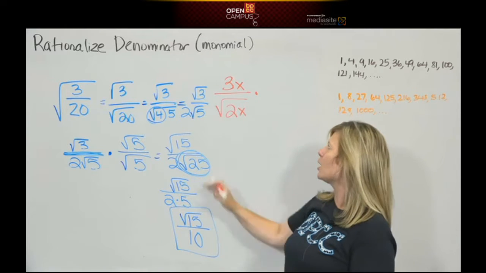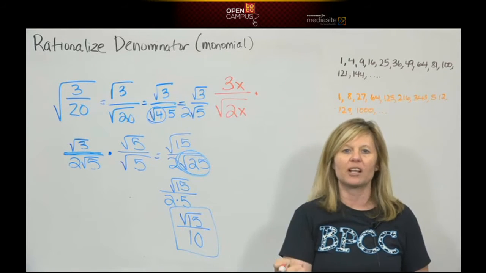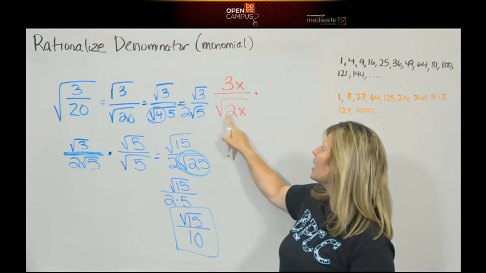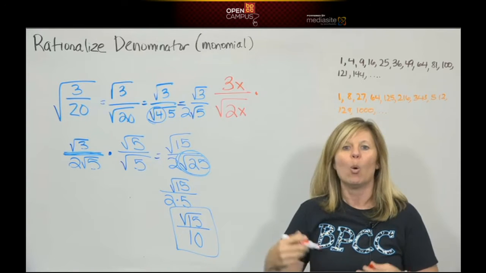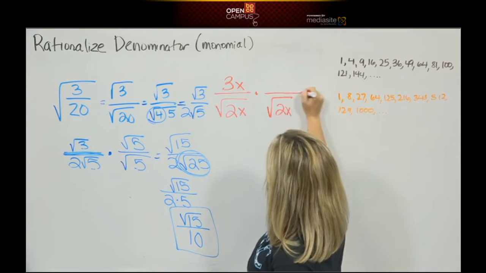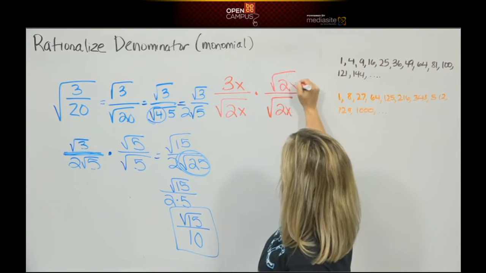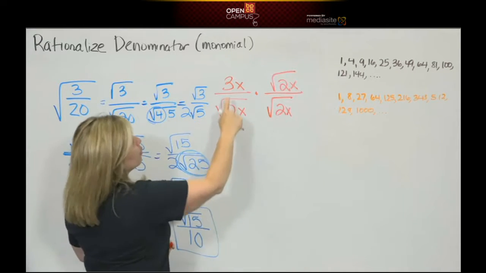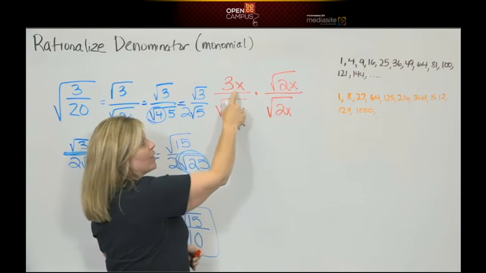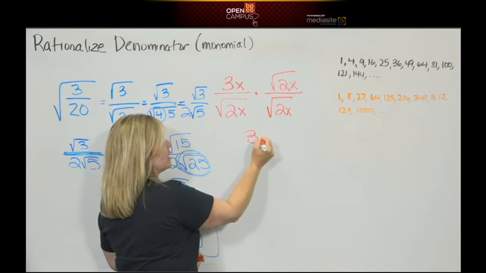What can we multiply to a square root of 2x that's going to guarantee it becomes whole? Well, because the 2x is all inside the square root, we're going to multiply it by itself, which is square root of 2x. And if we do it to the denominator, we do it to the numerator. So 3x times square root of 2x. 3x is on the outside, it stays on the outside.